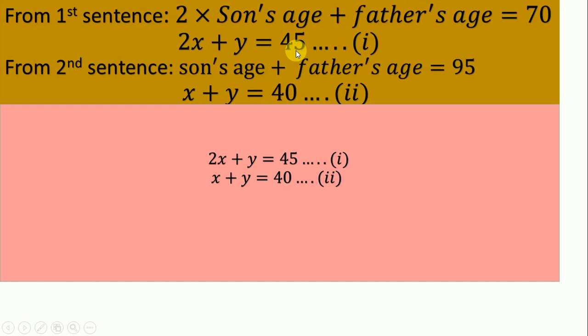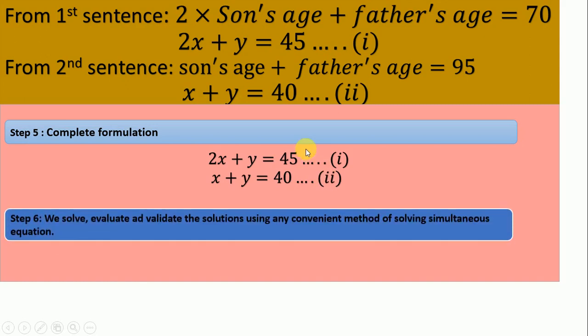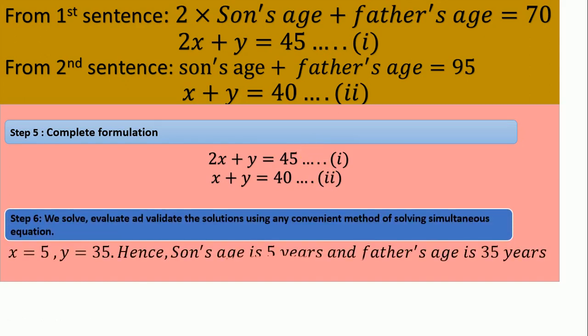From the second sentence, it was given that the son's age added to the father's age is 40, meaning x plus y is equal to 40. So we have the complete formulation, which is 2x plus y equals 45, x plus y equals 40. When you solve, either using the elimination or substitution method, you have x equals 5 and y equals 35, which means the son's age is 5 years and the father's age is 35 years.